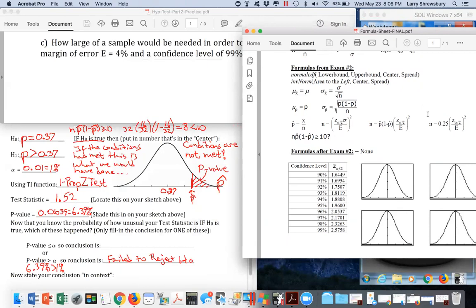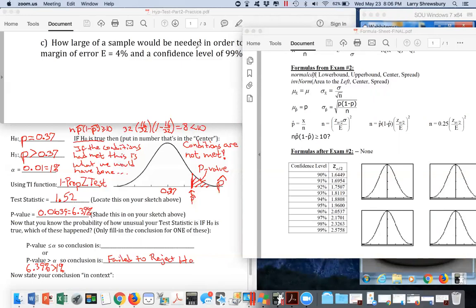Now, the question between these two, either you have a p-hat or you don't have a p-hat. Do you have a p-hat? I think so. You always have a p-hat if you've already done a hypothesis test. You know, that's our 16 out of 32. So you got to use this one right here.